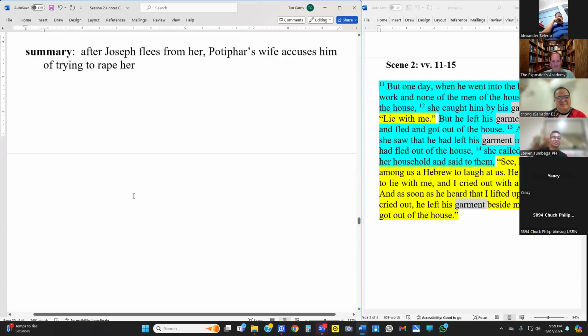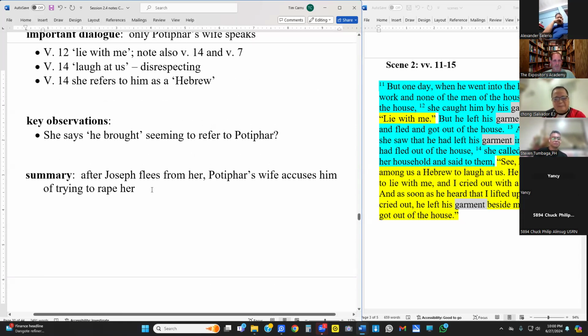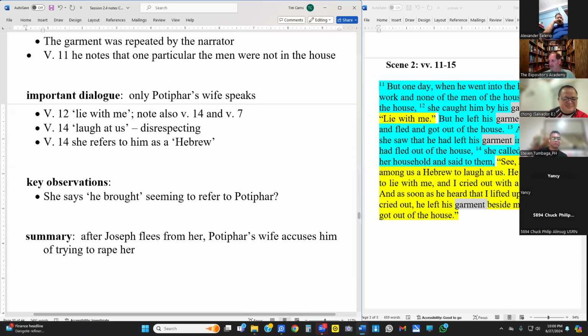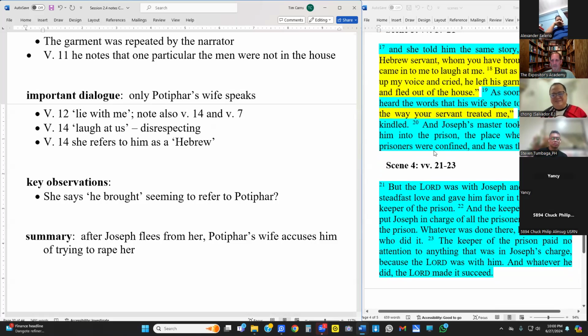All right. Well, we don't have time to do the other two scenes in the story, but this would be kind of the idea. So what we'd end up with is summarizing each. We'd have another scene 3 and scene 4.